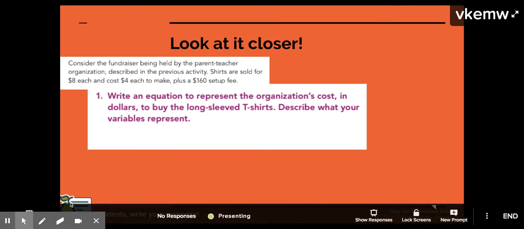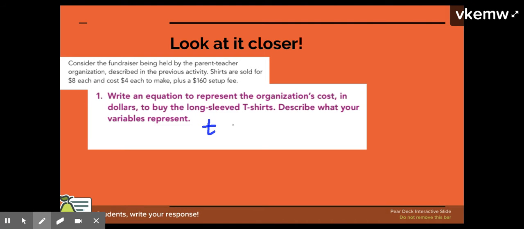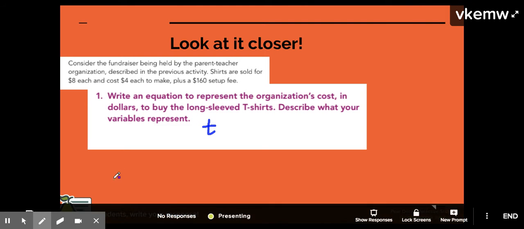I'm going to let you know that we're going to need a variable, and I want you guys to use the variable T that will represent the number of shirts. Write out an equation using the variable T that will explain how much it will cost the organization to buy the shirts.